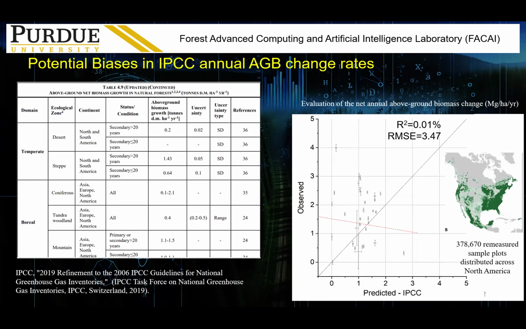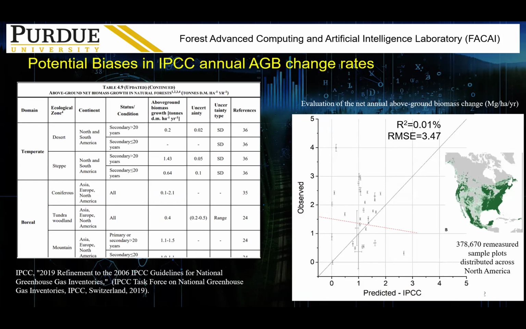So when we talk about estimating above ground biomass change rates, here the keyword is change rates. It is a little bit different from just estimating the above ground biomass, but it's temporal change rates, which is even a greater challenge than estimating above ground biomass per se.